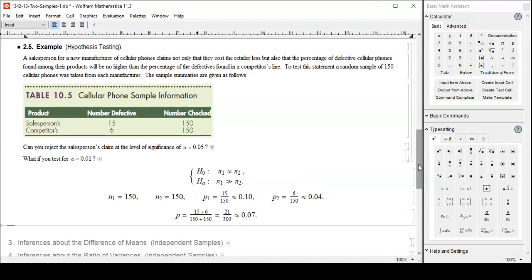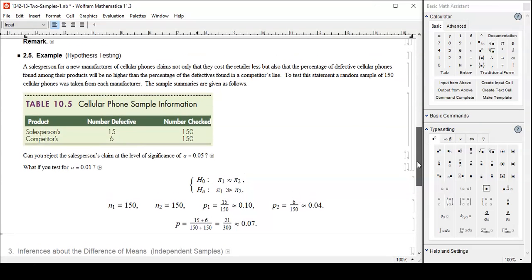And why am I doing it this way? Well, the null hypothesis is claiming there's no difference. So the first sample coming from the salesperson's company, and the second sample coming from the competitor's, they have the same characteristic according to the null hypothesis.